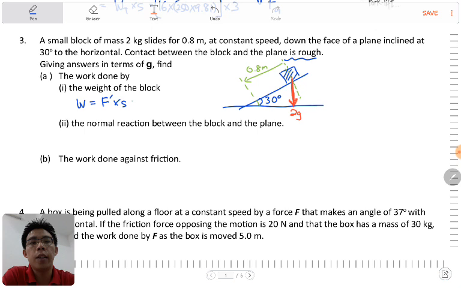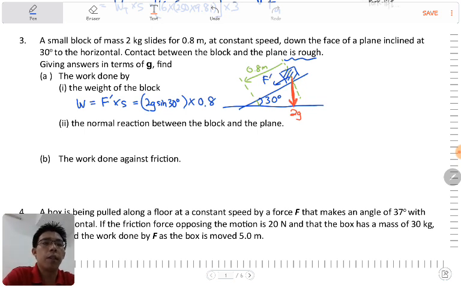So in this case here, it will be 2g sine 30 degree times the 0.8. If you forget how to resolve this, you need to revise it a bit. So that is the F prime that I wrote just now, the component of the gravity in the direction of the movement. Okay, so you calculate that, you should be able to get the answer.